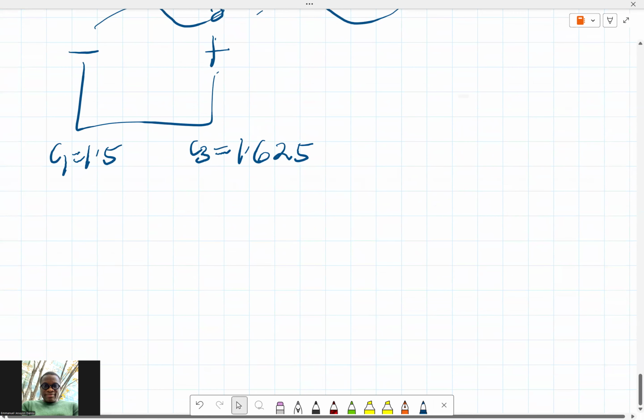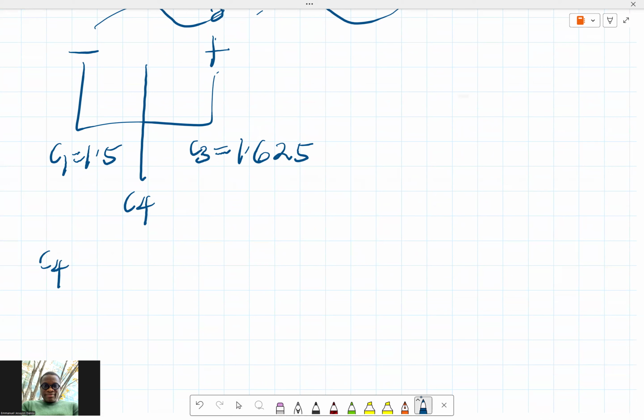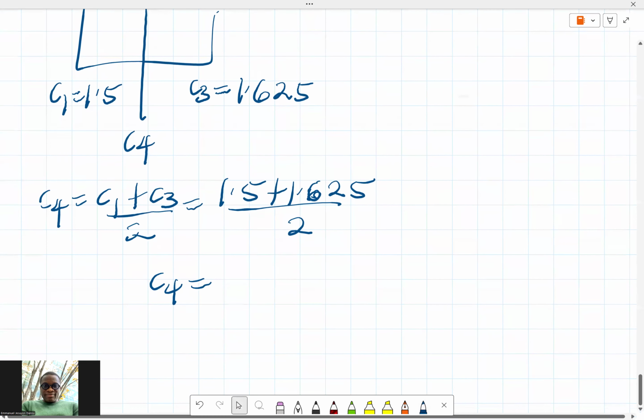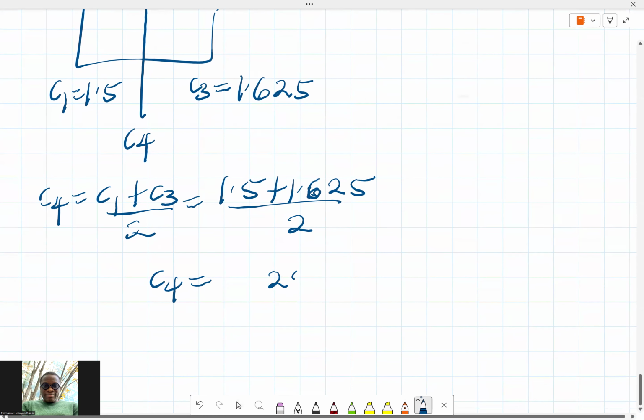So now we need C4, and we know C4 is going to be C1 plus C3 divided by 2. That is 1.5 plus 1.625 divided by 2. Then 6 plus 5 is 11, we carry 1.